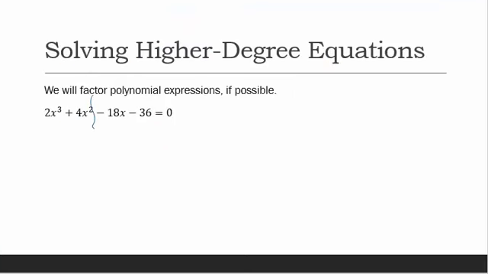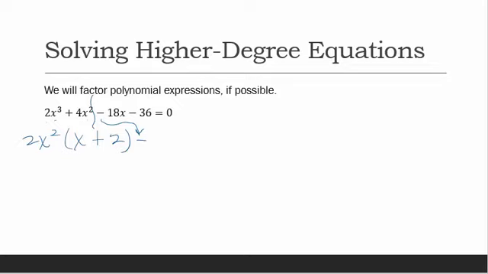Okay, so split down the middle, and we're going to try to find the greatest common factor of the first two terms. And so 2 goes into each of them, and an x squared. And divide both terms by 2x squared, and we get x plus 2. Bring that sign down, so this will be a minus.